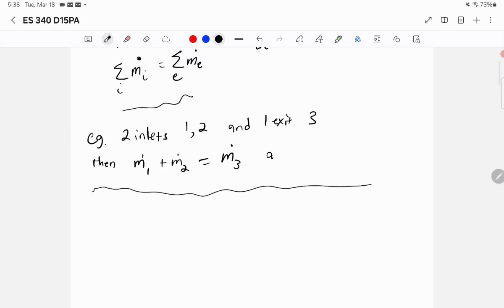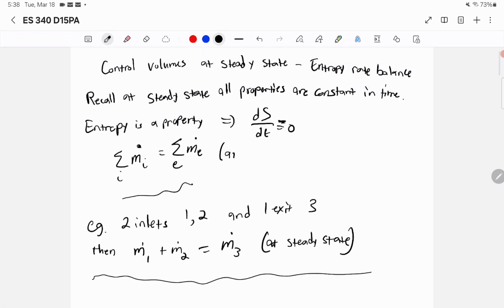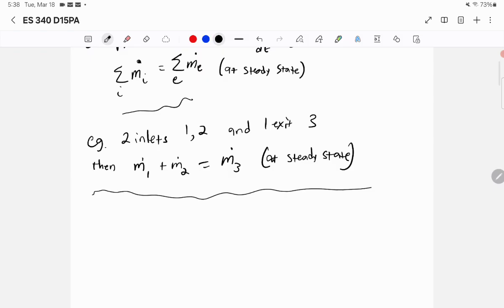at steady state. I should specify that. Most of the problems we deal with will be at steady state, and so you can just assume that what you're going to see is mostly steady state problems.